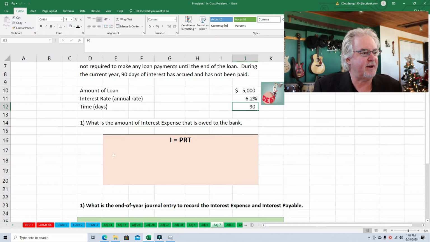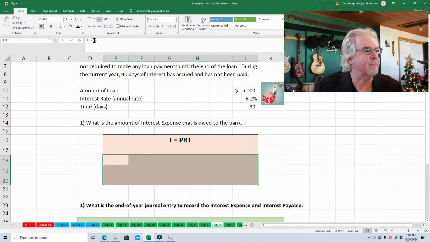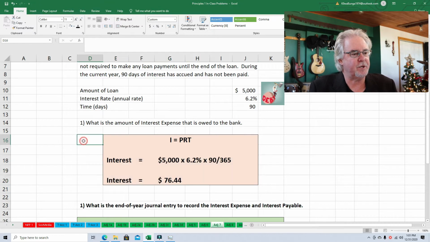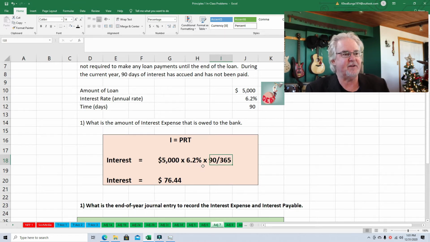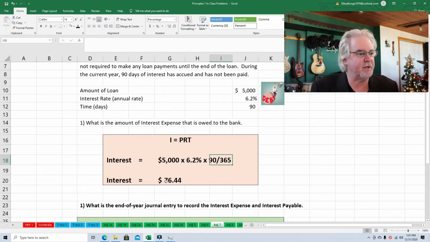So here's the calculation right here. So the interest is going to be $5,000 principal, that's the P, times 6.2% interest, which is the R, and 90 over 365 will be the number of days or the time. There we go. And the interest comes to $76.44.